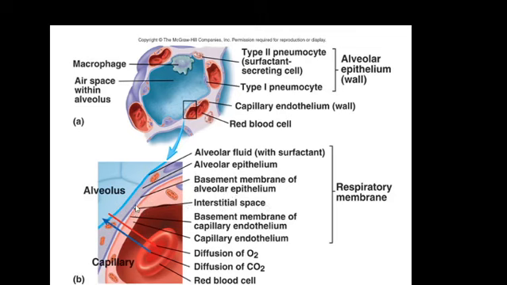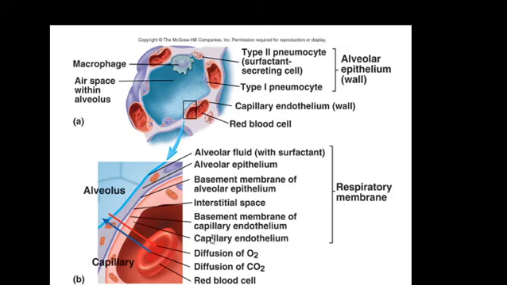Interstitial space is neither in the blood vessels, it's just the space outside blood vessels. And then from the interstitial space, air has to cross the basement membrane of the capillary endothelium. And then it also has to pass through the capillary endothelium.